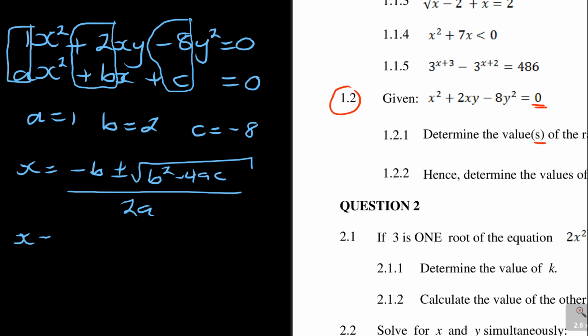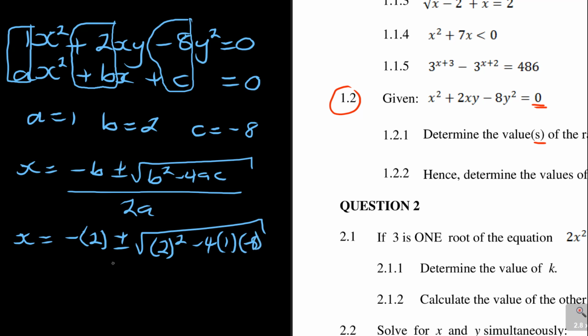So minus b here is going to be minus 2 plus or minus square root of 2 squared minus 4, my a is 1, my c is -8, all over 2 and 1.